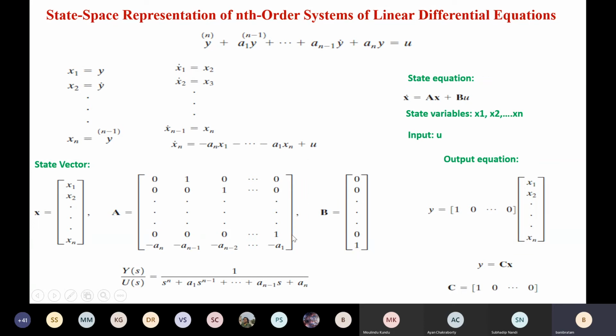So in general the state equations I can write in this form: x dot equals to Ax plus Bu, which is nothing but the assembly of these n first order ordinary differential equations, which we have got from this nth order differential equation. And x1, x2, dot dot dot, xn, we are calling them state variables, u is the input.